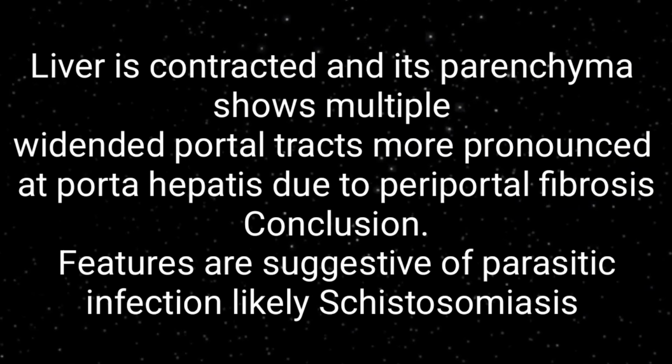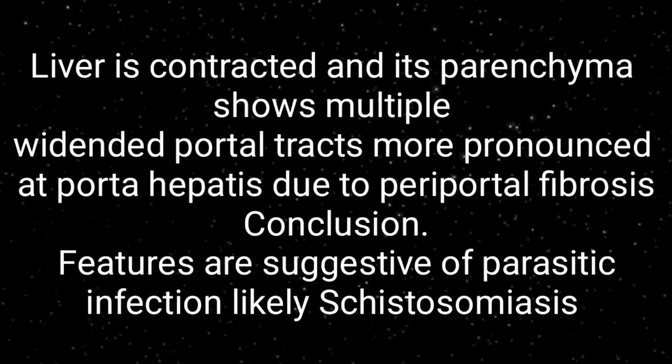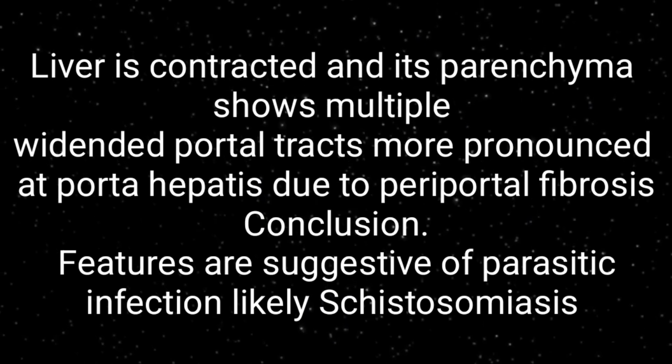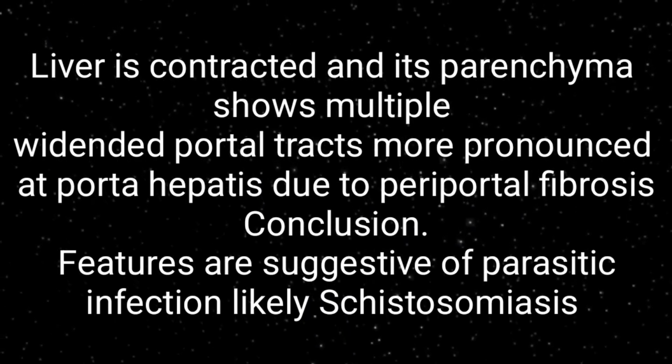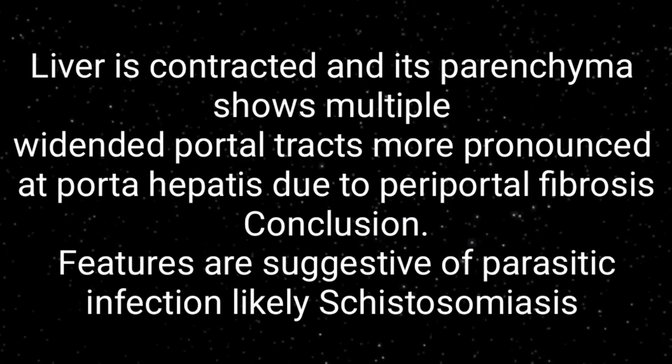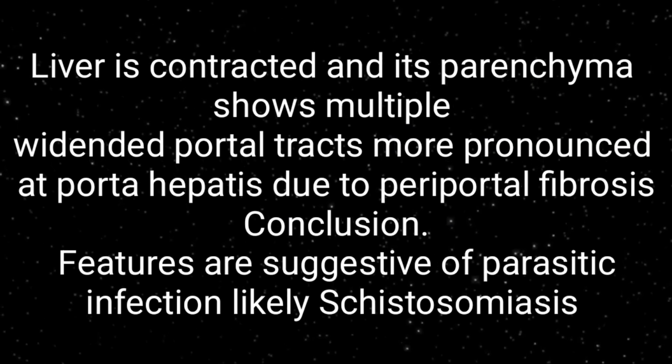So all this information is already discussed: the liver becomes contracted at the later stage and periportal fibrosis occurs. In the conclusion mention that features are suggestive of parasitic infection, likely schistosomiasis.